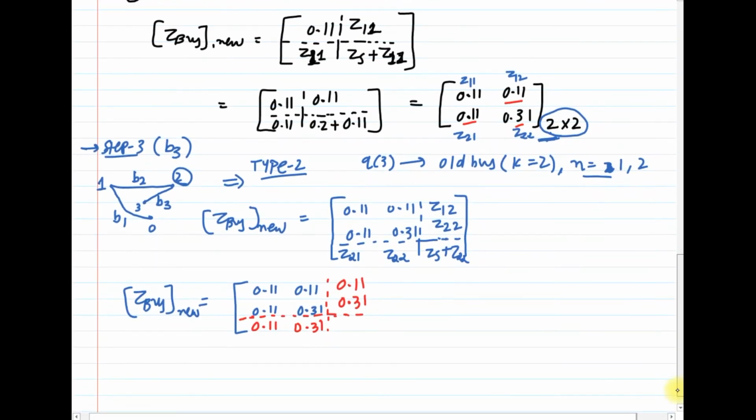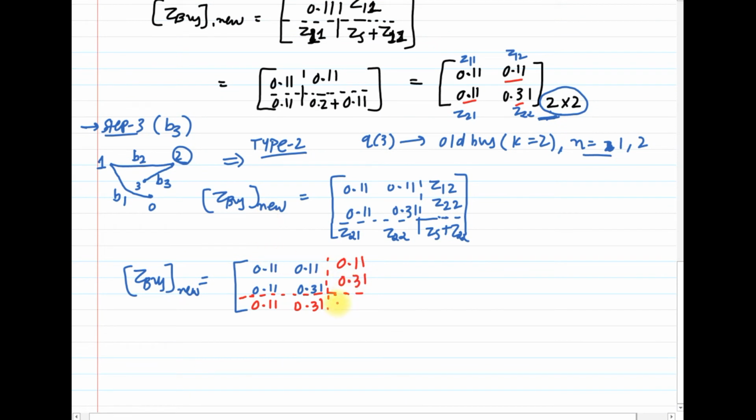So we will consider that value over here, 0.1 plus Z22, that means here it is 0.31. Okay, and simply I will write the final answer for this matrix, which is 0.41.